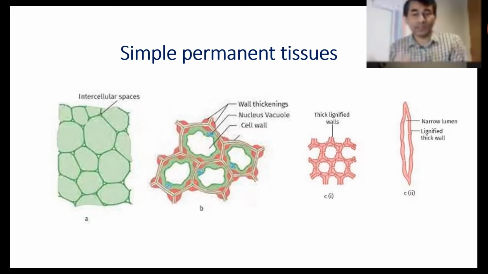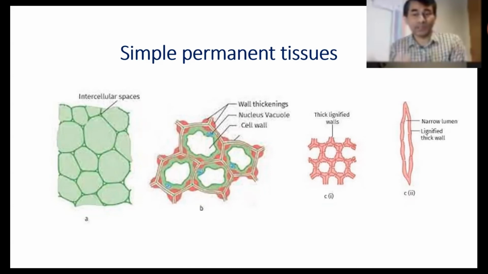You can see the cell on the extreme right side. Diagram C1 is a cross section. You can see the lumens of multiple cells, whereas the diagram on the right side shows a single elongated cell of sclerenchymatous tissue. So these are the examples of simple permanent tissue.